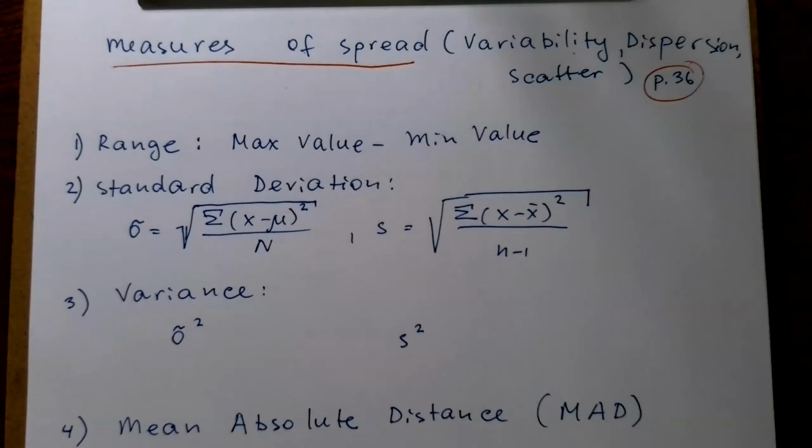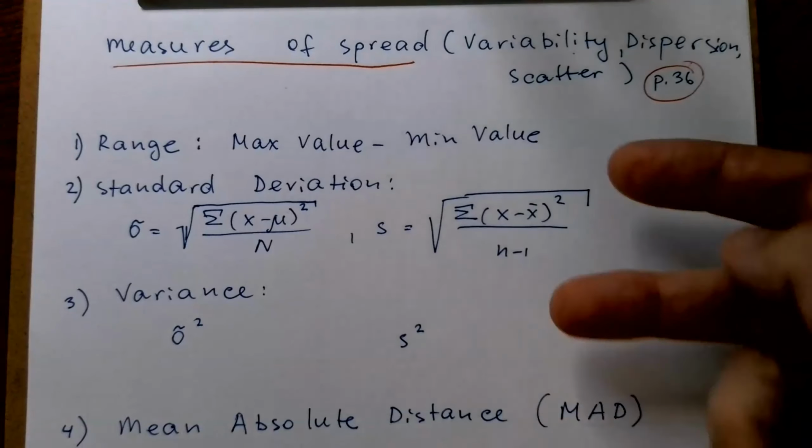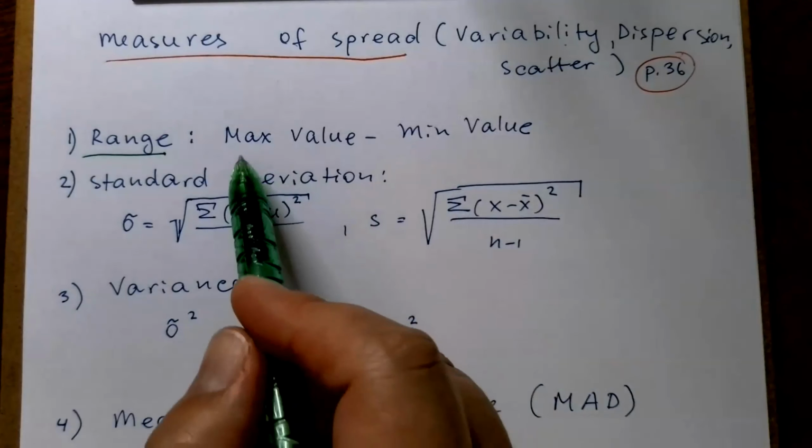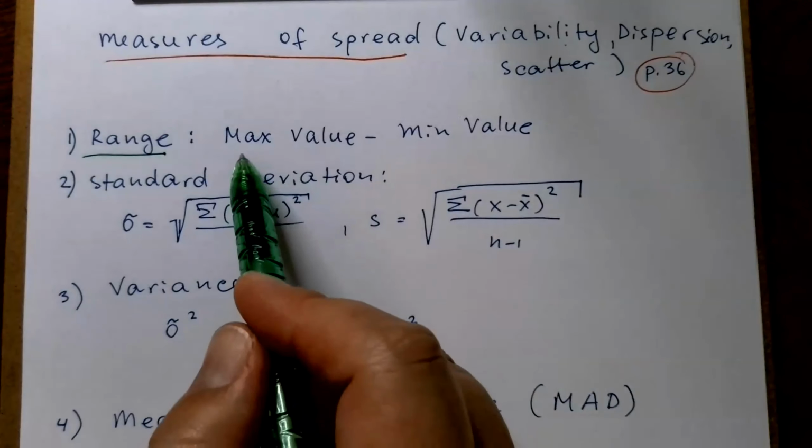So we already talked about two measures of variability on this list. We already talked about range, how to figure out range, and that was your maximum value minus your minimum value. That was the formula for range.